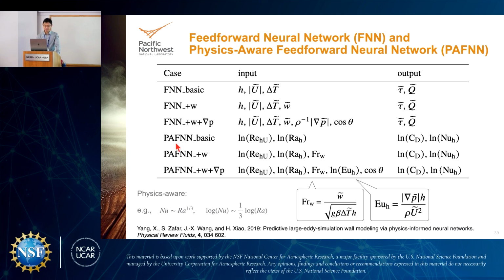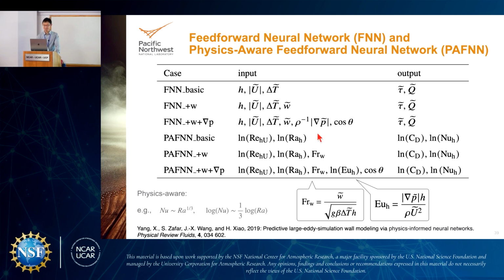The physics-aware approach means that we cheat by our domain knowledge. According to our domain knowledge, we know that there are some power law relationships among the dimensionless parameters, like Nusselt number and Rayleigh number. If we take the log scale of them, their relationship will become linear, and it will be much easier for the neural network to extrapolate.